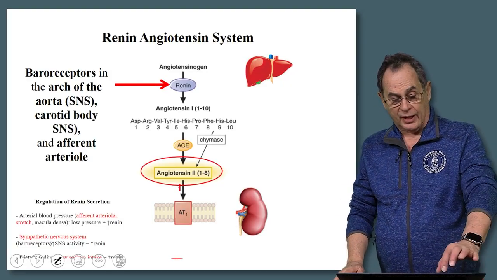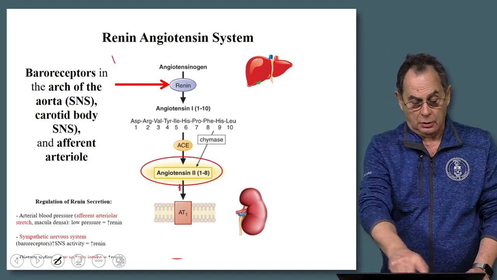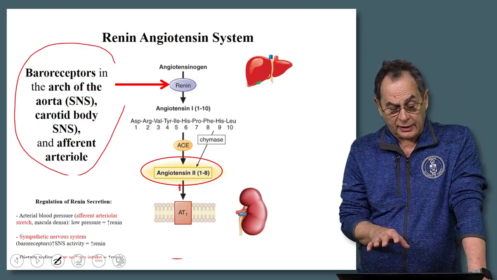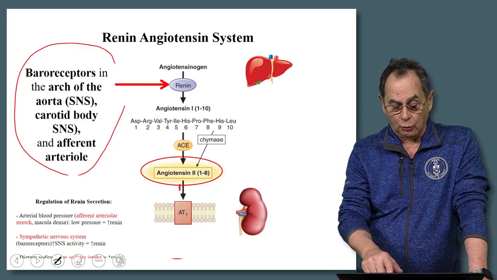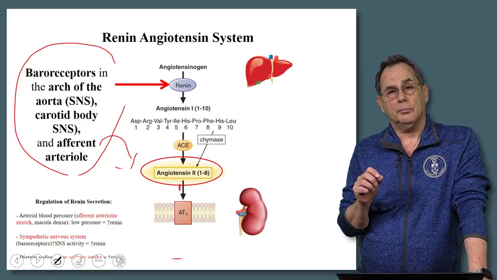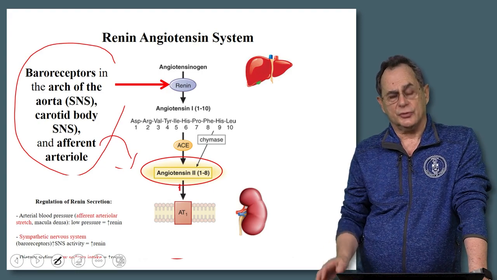So again, we have this combination of baroreceptors in the arch of the aorta, the carotid body, and the afferent arteriole, which all converge on the kidney by virtue of an increase in angiotensin 2 generation.